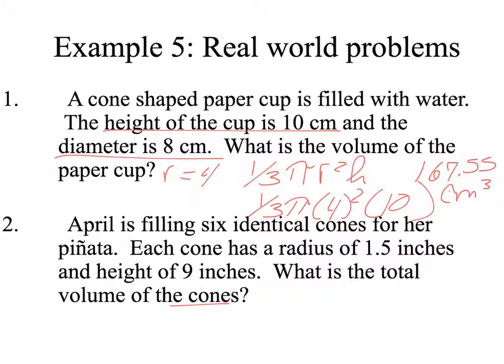Total volume of the cones she is filling. Notice she's filling 6 identical cones. So we're going to find the volume of each one. So 1/3 pi 1.5 squared times 9. 1/3 times pi times 1.5 squared times 9.